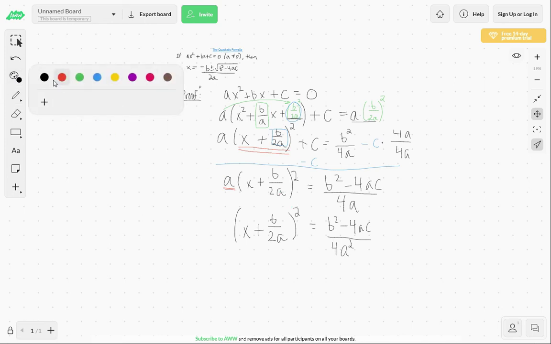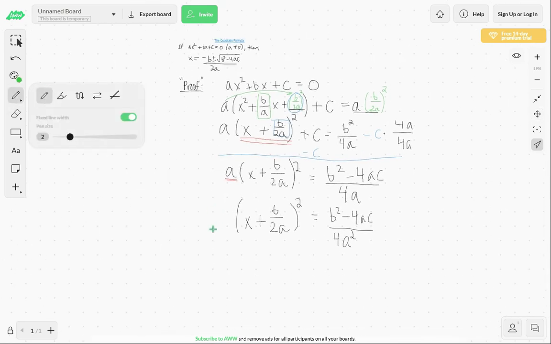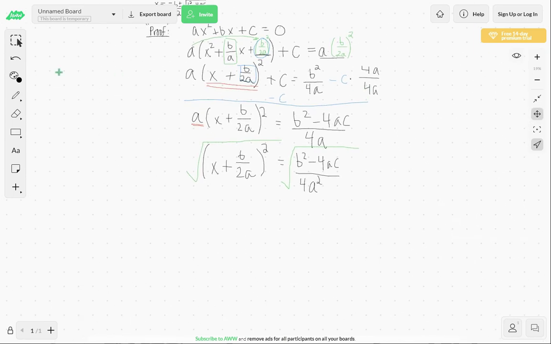Let's take the square root of both sides. So if I take the square root on the left and the right side of the equation, what's this going to give me? Well, we remember what happens by the principle of square roots. We get the plus or minus on the right-hand side. So in other words, we get x plus b over 2a is equal to plus or minus.